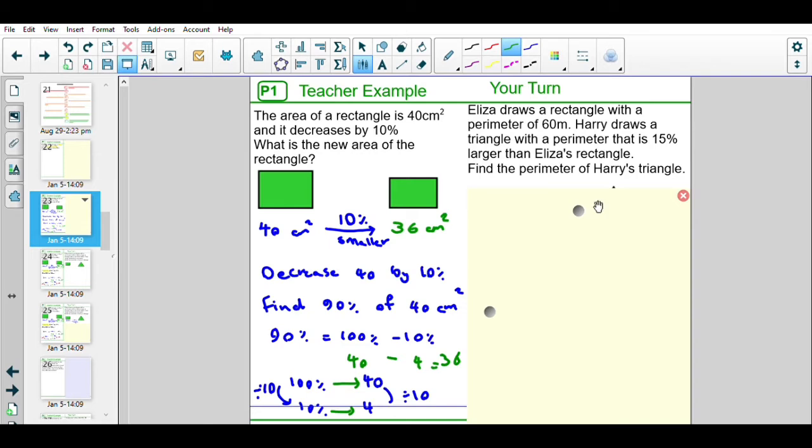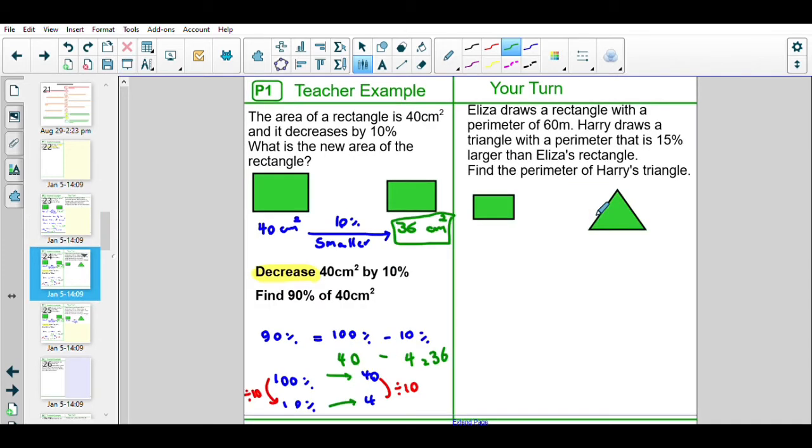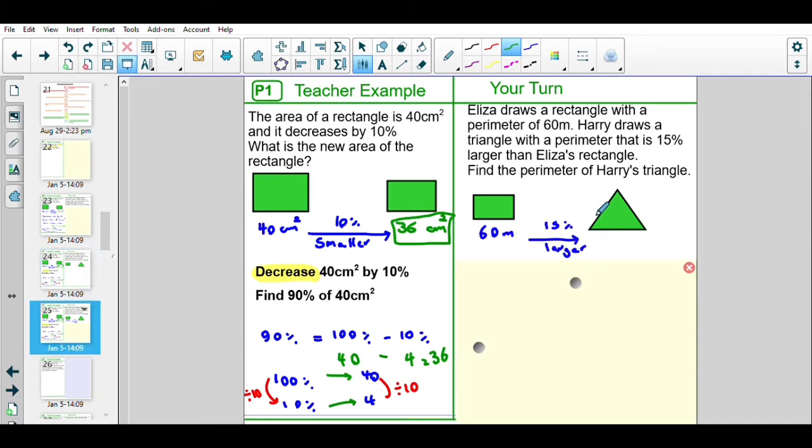Please pause the video and read the question and answer the question. To make it easier, I'm going to draw a rectangle with a perimeter of 60 and a triangle that is slightly lighter because in the question it's saying 50% larger than the rectangle.